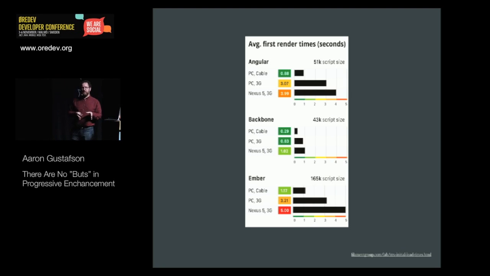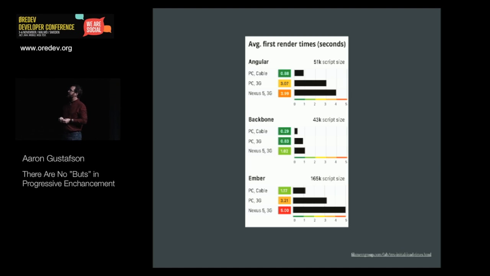So from a slower perspective, the Filament Group did a study where they took the exact same application and built it in Angular, Backbone, and Ember. And then they tested it in 3 different scenarios, the first being a PC with a cable connection, the second being a PC over a 3G connection, and then the third being a Nexus 5 over a 3G connection, and looked how long it took them to get to first render in each of those scenarios.